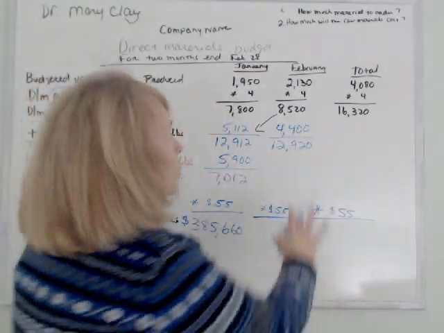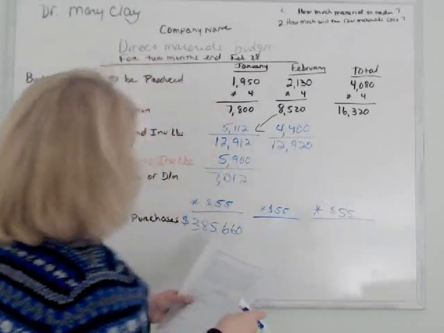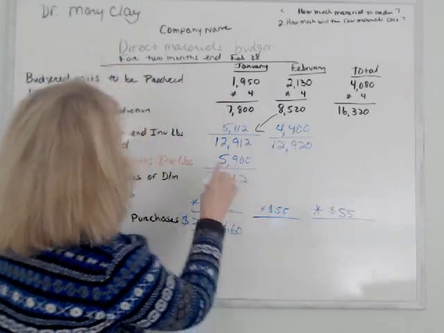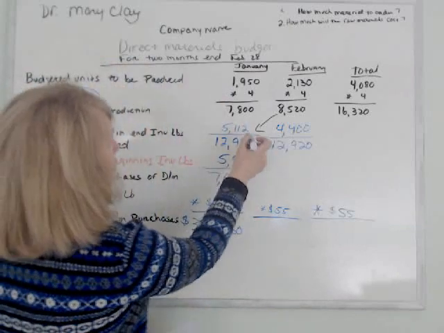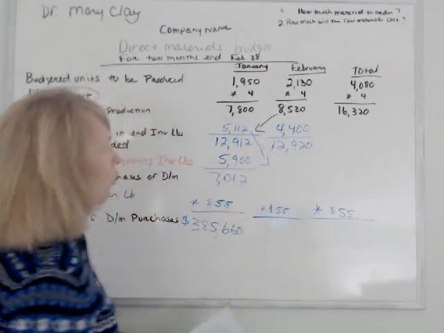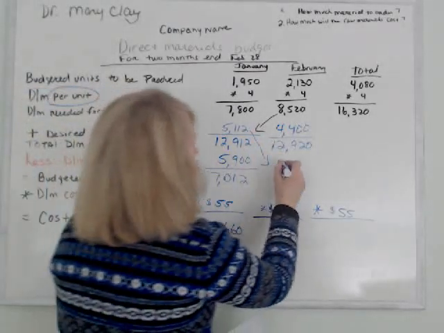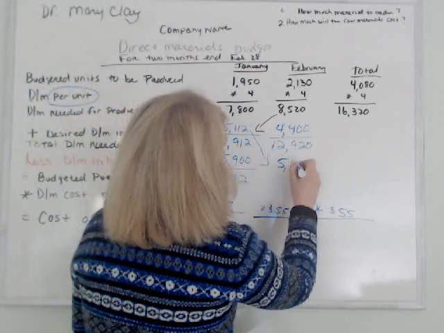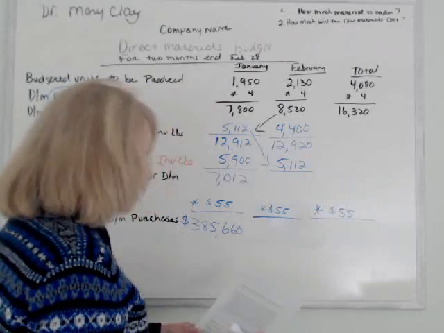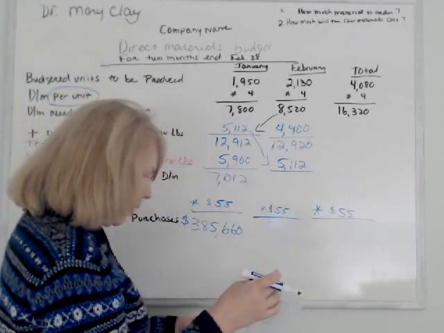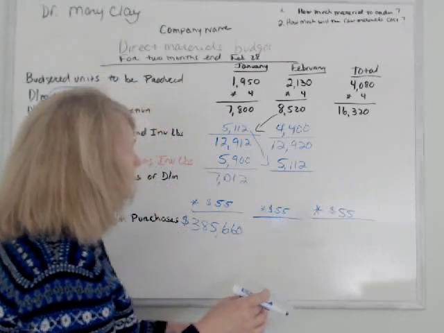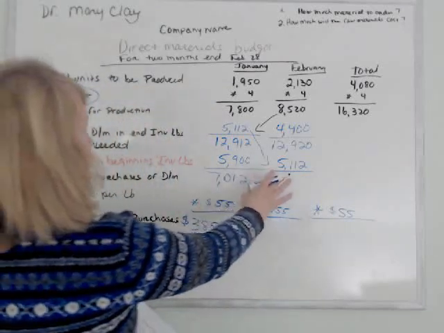I'm going to do the total last. So I'm going to take the 12,920. Watch. My ending inventory for January is going to be my beginning inventory for February. So I'm going to put that 5,112. I draw my line and total. Look what I'm going to do.